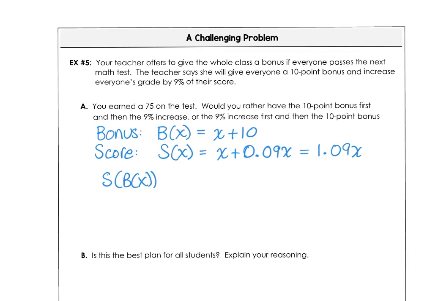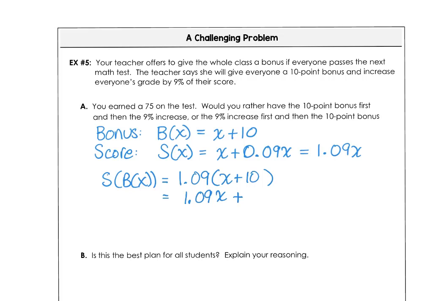So let's say we get the bonus first, so that would be 1.09 of the bonus, so x plus 10, which would be 1.09x plus 10.9. So this is the bonus first, and then the 9%.